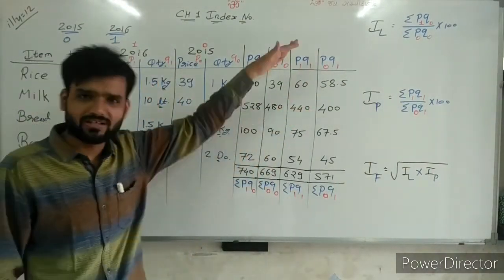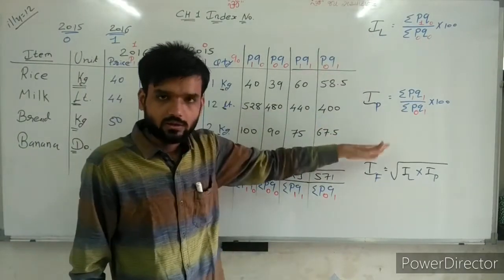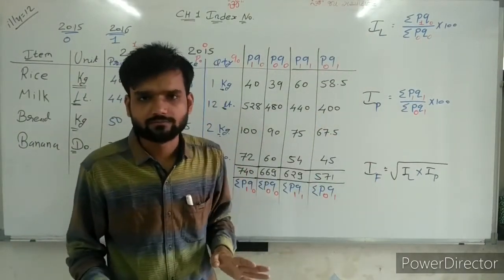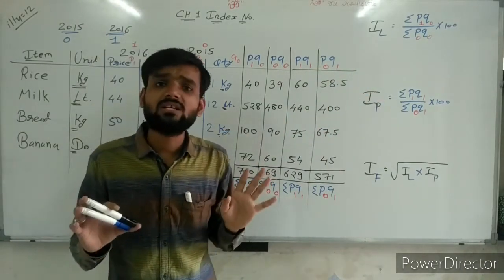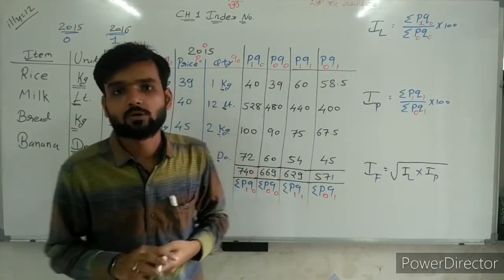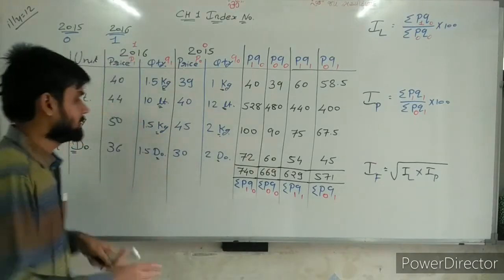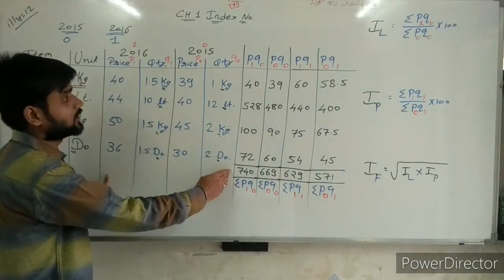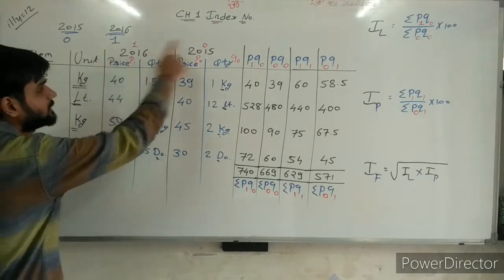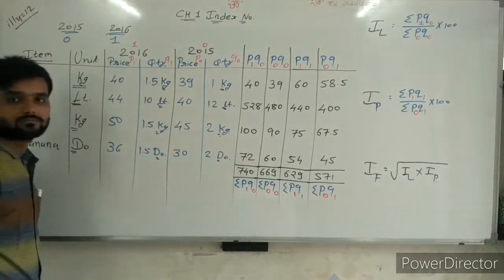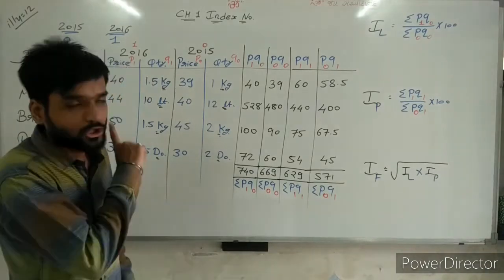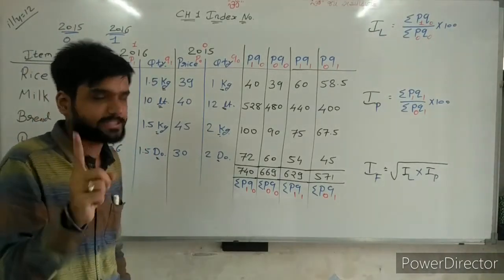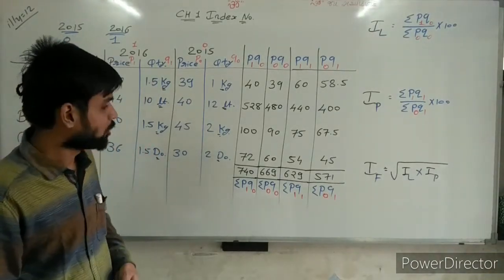Because multiplication, its total, and replacing values in the formula is easy to calculate. But whatever is important is this. Today's lecture I am doing all the things, so see very carefully.